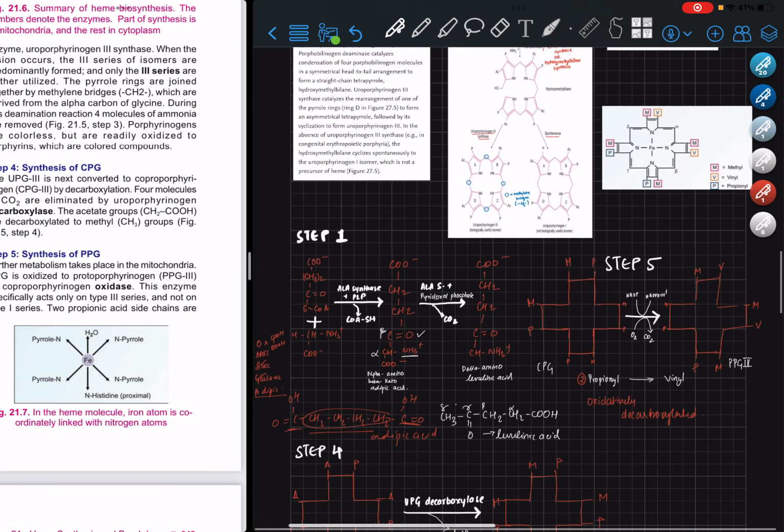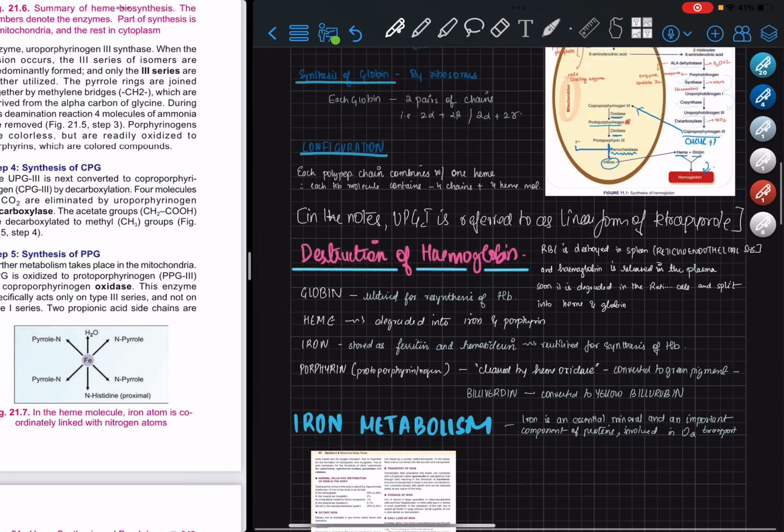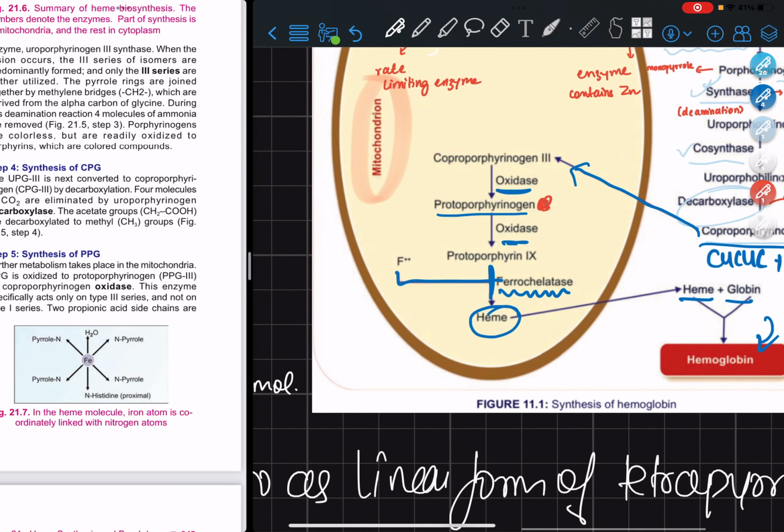We come to the 6th reaction where we get protoporphyrin from protoporphyrinogen. The last product before this reaction is protoporphyrin 9, but I don't know if a protoporphyrin 3 is involved or not. That's why I'm not mentioning anything about it. But both of these textbooks show protoporphyrin 9 as the last product.